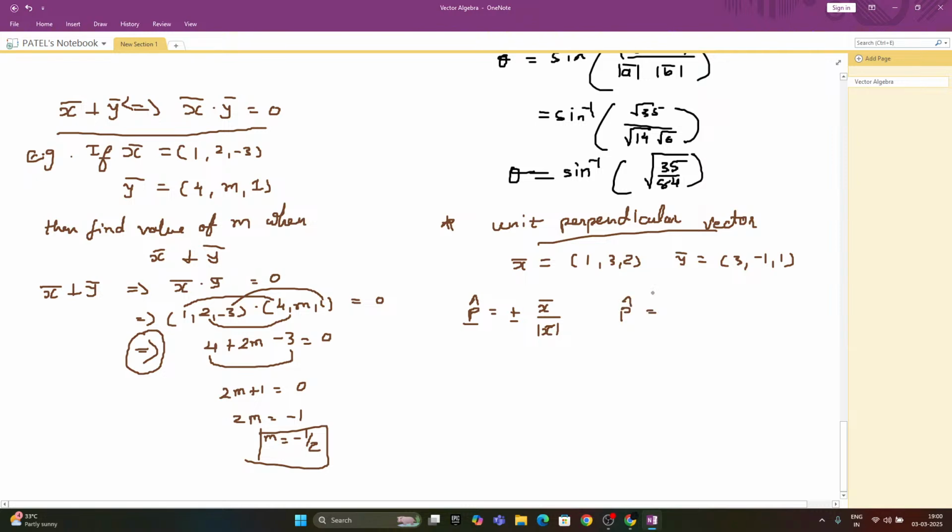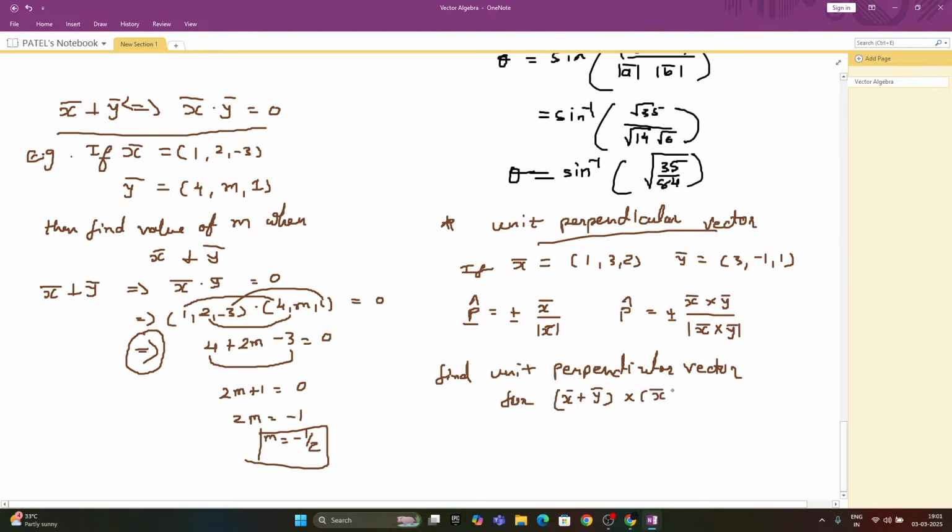If we have two vectors like this, x bar and y bar, then first of all we find x bar cross y bar, divided by mod of x bar cross y bar, with the sign of plus or minus. So here we have one example: if x bar and y bar are given, find the unit perpendicular vector for x bar plus y bar cross x bar minus y bar.